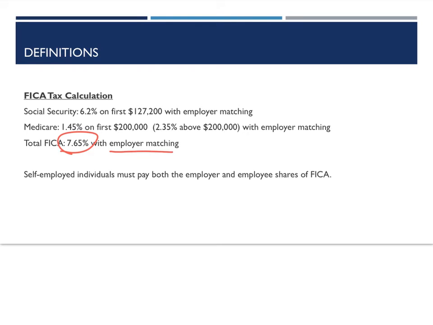But notice it says with employer matching. So actually, you pay 7.65% of your income, but so does your employer. So if you add those two together, you're actually paying into Social Security and Medicare 15.3% of your income. If you're self-employed, you're paying 15.3% of your income because you're paying both halves.